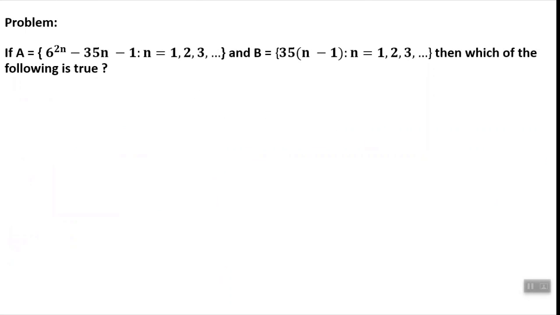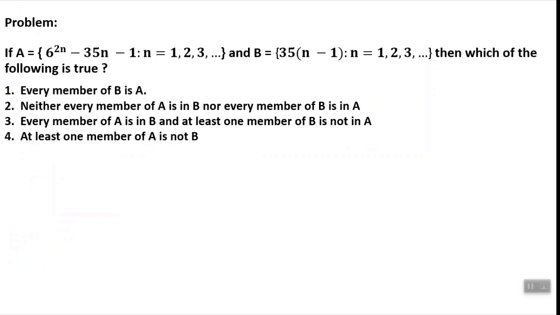This question from slot 2 of CAT 18 was a particularly challenging one. 2 sets are given. The definition of the elements in these 2 sets are given. And the 4 options are in terms of statements. So that's why this becomes a challenging question. Let us examine these 2 sets.